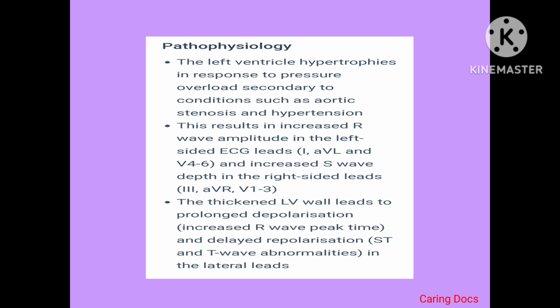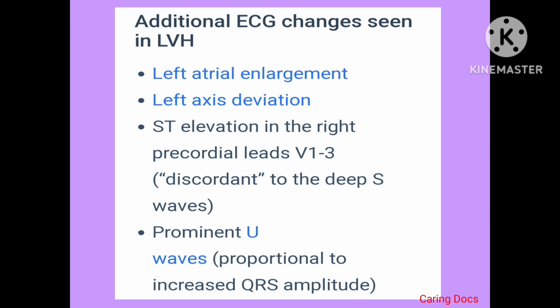The thickened left ventricular wall also leads to prolonged depolarization, which leads to increased R wave peak time, and delayed repolarization, which leads to ST and T wave abnormalities in the lateral leads, that is strain pattern in the lateral leads.